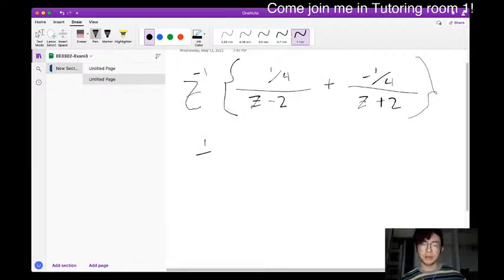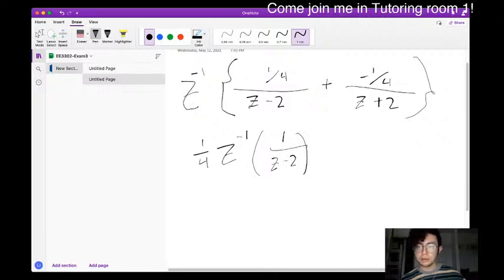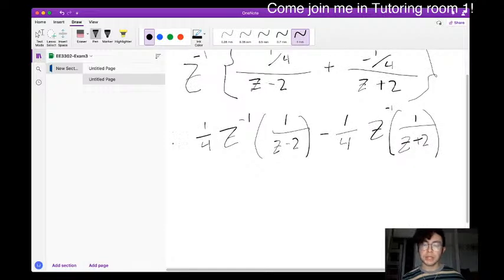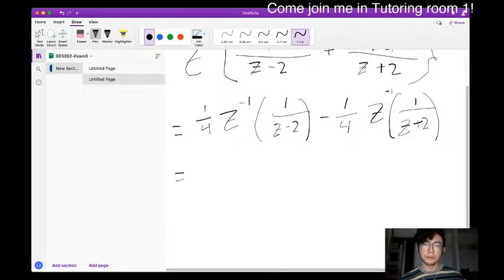So this is 1/4 times the inverse Z transform of 1 over Z minus 2, minus 1/4 times the inverse Z transform of 1 over Z plus 2. I'm just applying linearity here. Remember that our table values are often defined in terms of Z inverse.